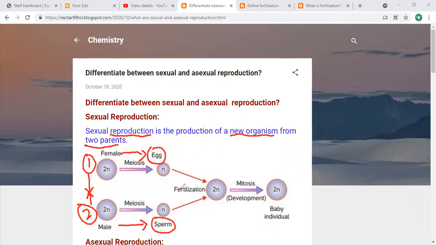A process goes on that we name fertilization, and then we get a new individual or new babies. In this process, their cells combine and we get a new baby or new individual.